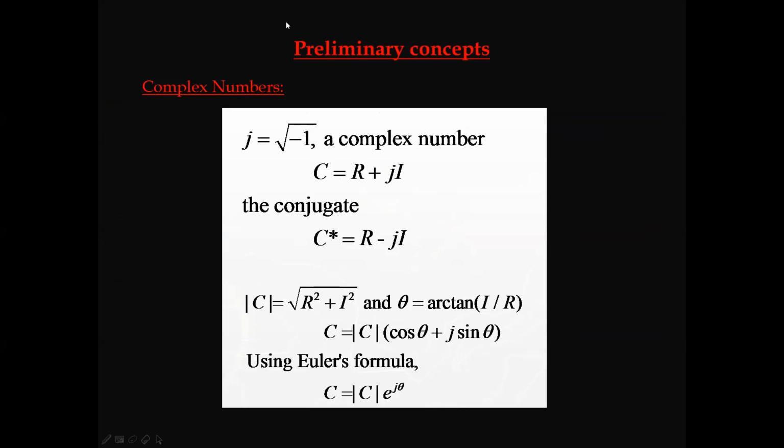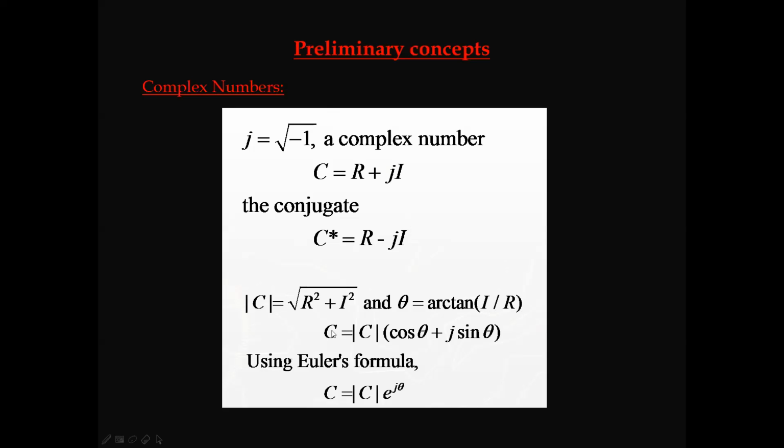The conjugate of this complex number is C star, which is equal to R minus Ji. The magnitude of C equals the square root of R square plus I square, and theta equals arc tan, that is tan inverse, of the imaginary part by the real part, that is I by R.